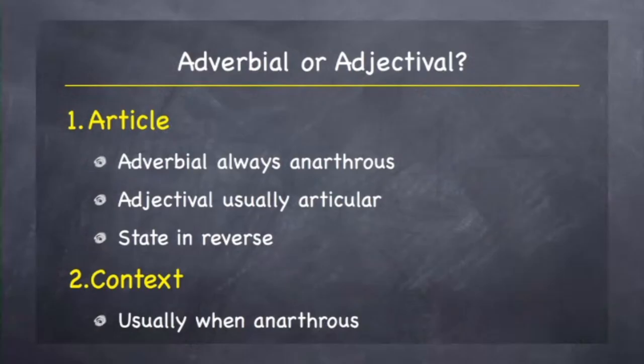So you need to learn those rules. I guess one rule is you have to learn it both ways, okay? Adverbials always anarthrous, adjectivals usually articular. If you have an anarthrous participle, it's usually going to be adverbial. If it is articular, it must be adjectival. Okay? So the number one thing we look at in deciding whether a participle is adverbial or adjectival is the presence or absence of the article.